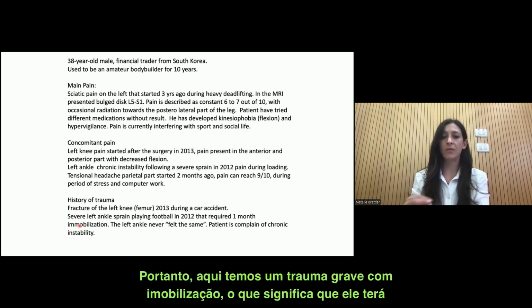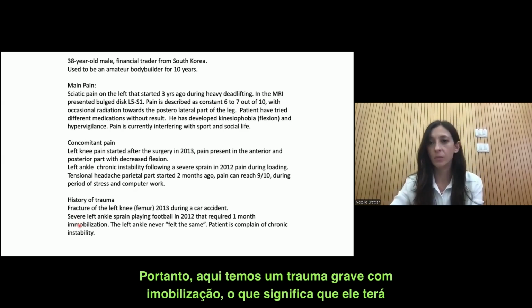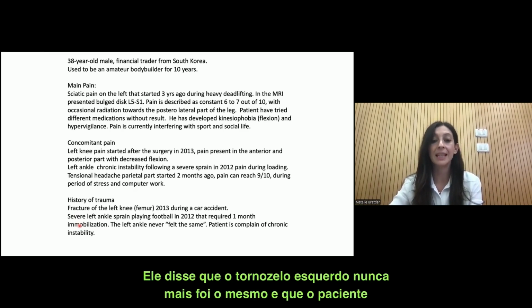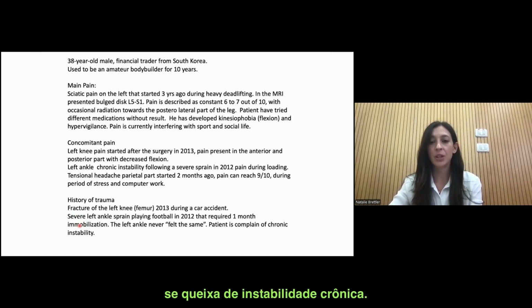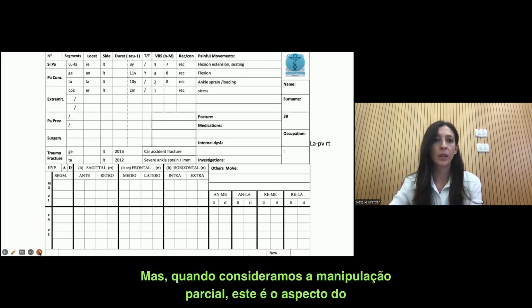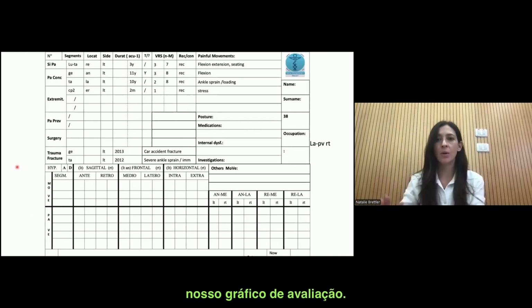So here we have severe trauma with immobilization, which means that he will have a lot of serious, important densifications in that area. The left ankle, he said, never felt the same, and the patient is complaining of chronic instability.